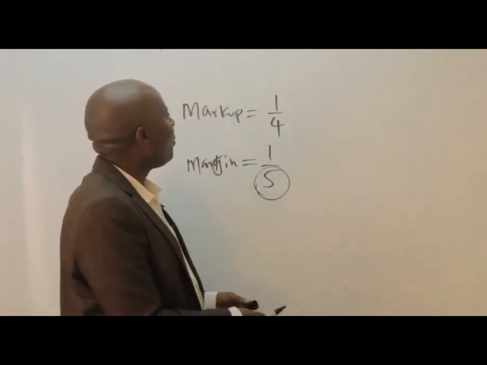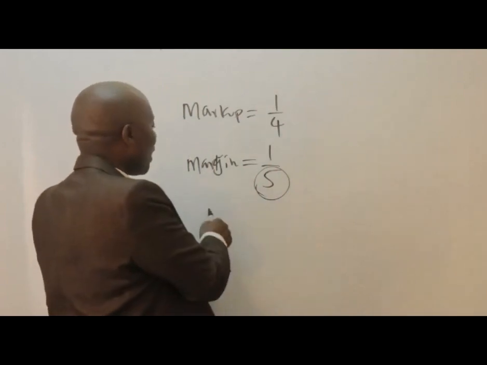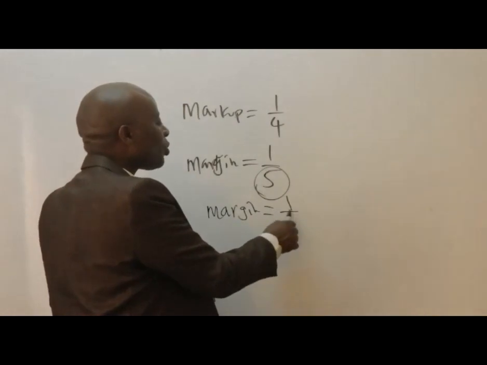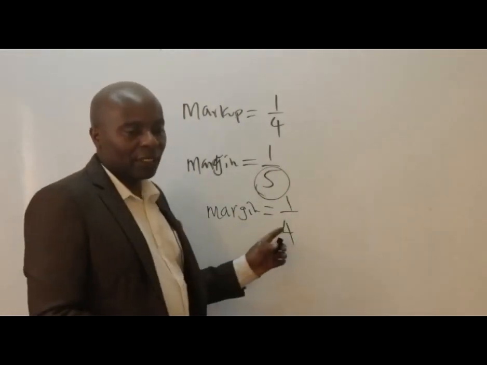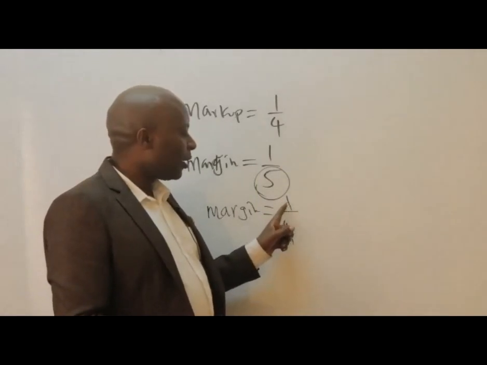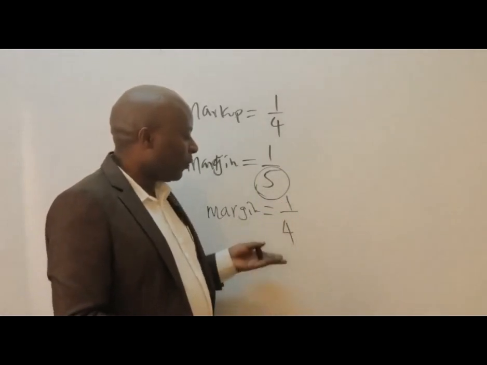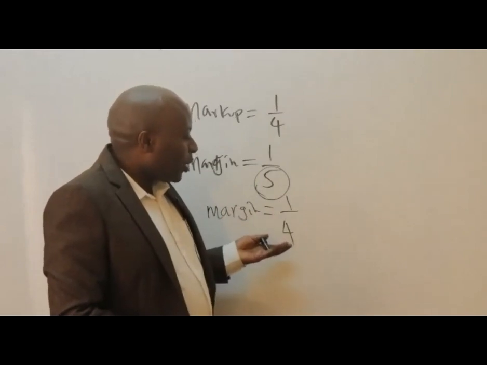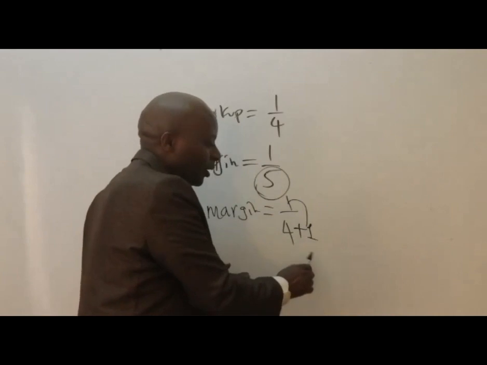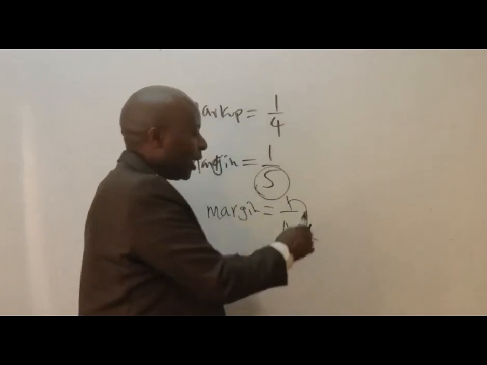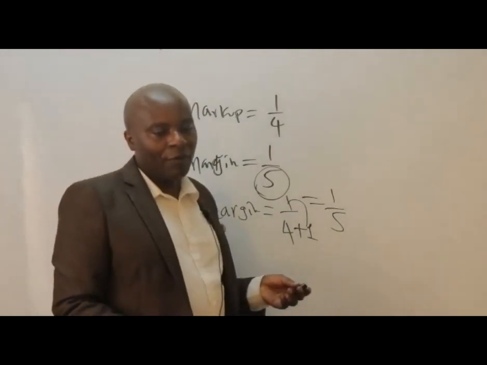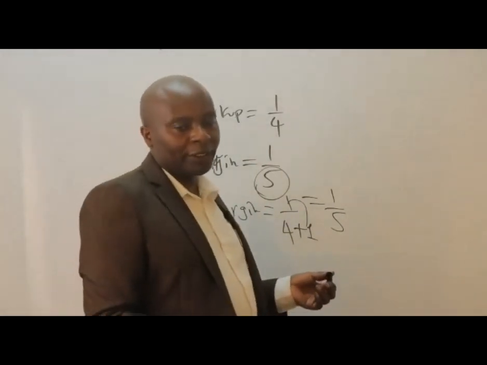So if you give me markup and want me to give you margin, first I write the markup the way it is, 1/4. This 4 has to be inflated because margin is bigger. The 4 is inflated by adding the numerator, which gives me 1/5.